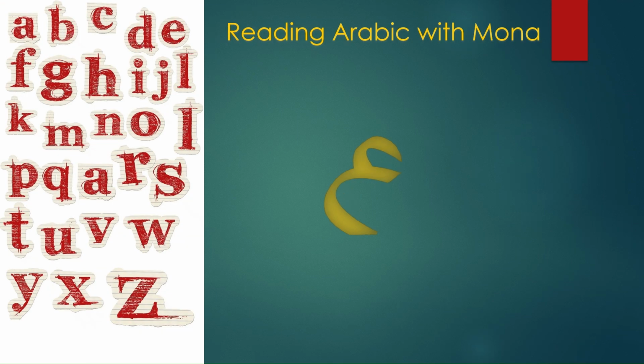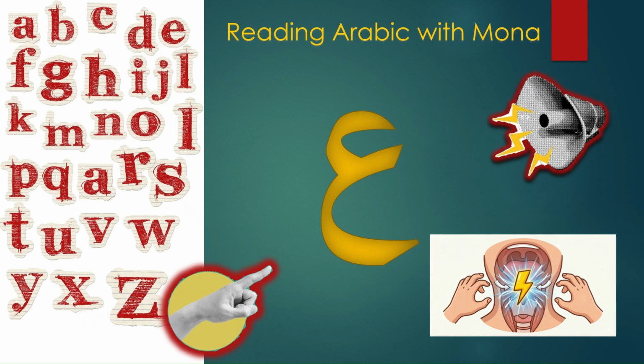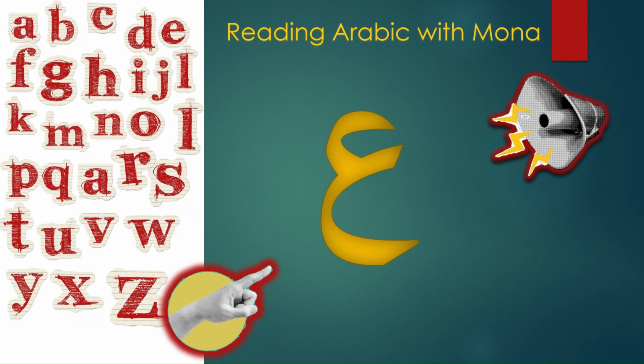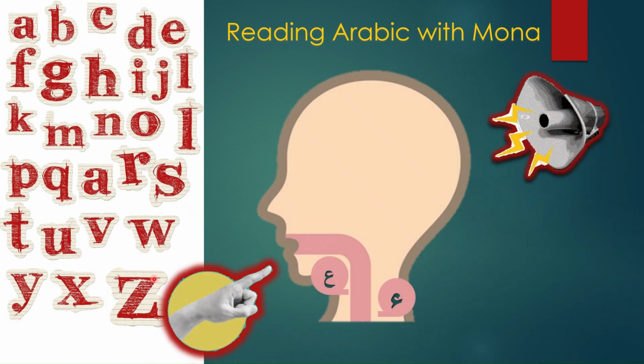Okay, now let's break down the sound of Ain and why it is a bit difficult for non-Arabic speakers. We can describe Ain as a tightening or a squeeze that takes place in the middle of the throat. So, the action stage here is the throat. The main challenge for non-Arabic speakers is that the specific muscle needed for producing the Ain is abandoned.